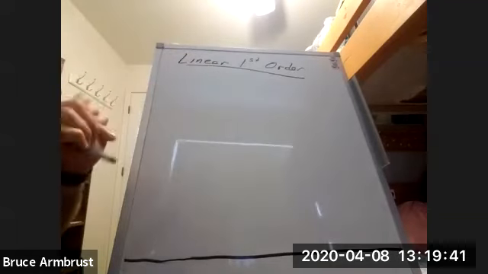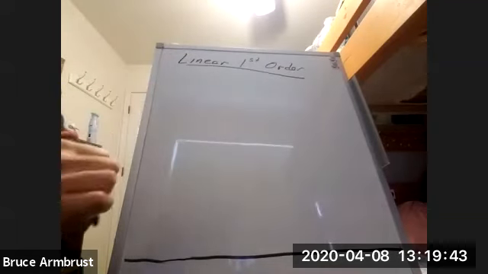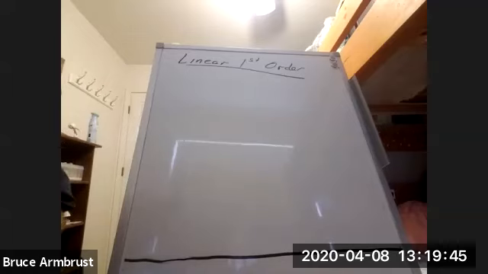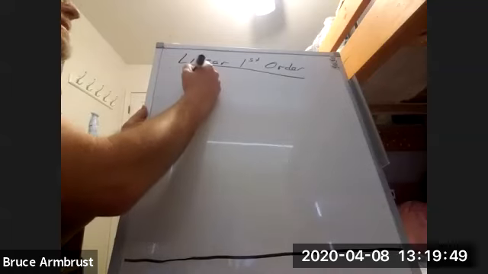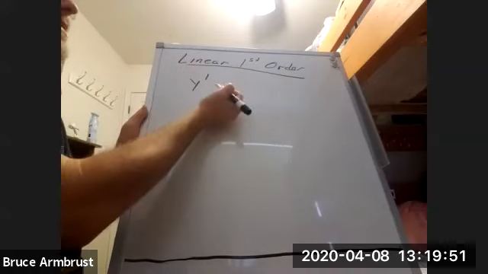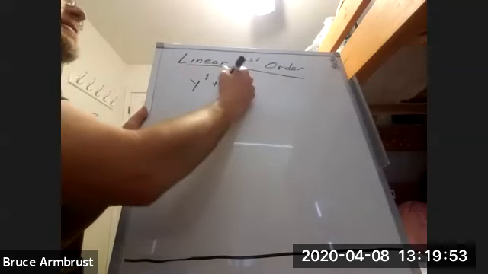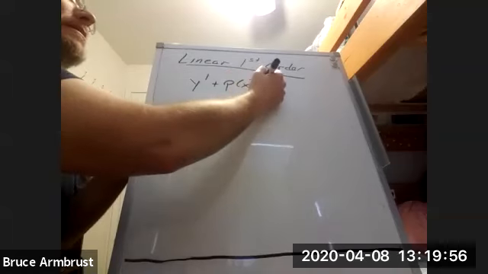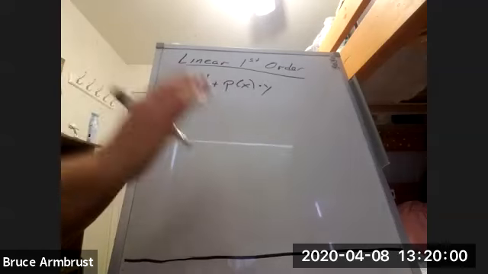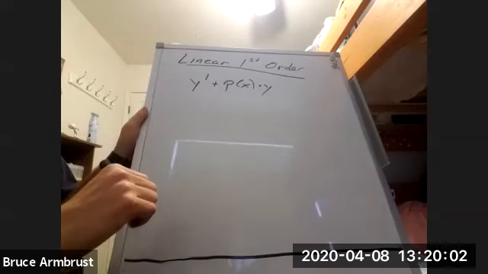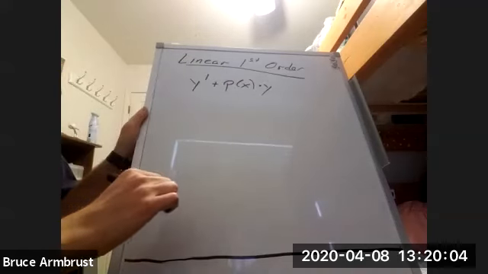So we're going to be able to always write a linear first order in the same kind of form. It's always going to be able to reduce down to something that looks like this: y prime plus some function times y, and notice that this is a function of x or t or whatever our independent variable is.